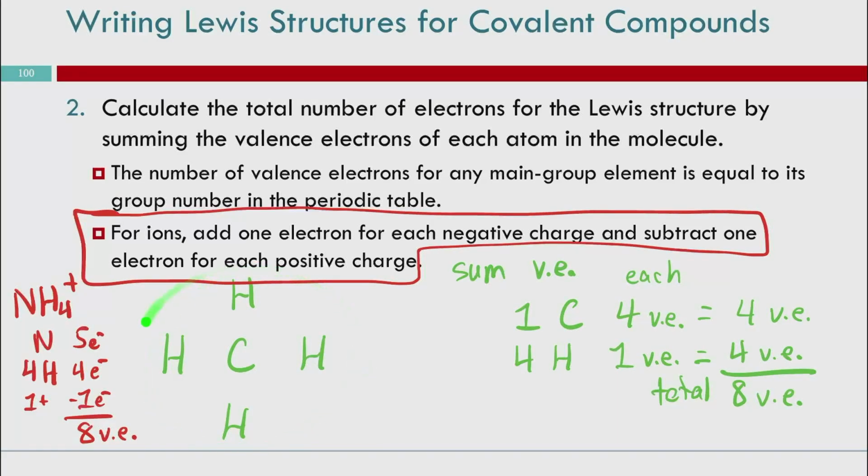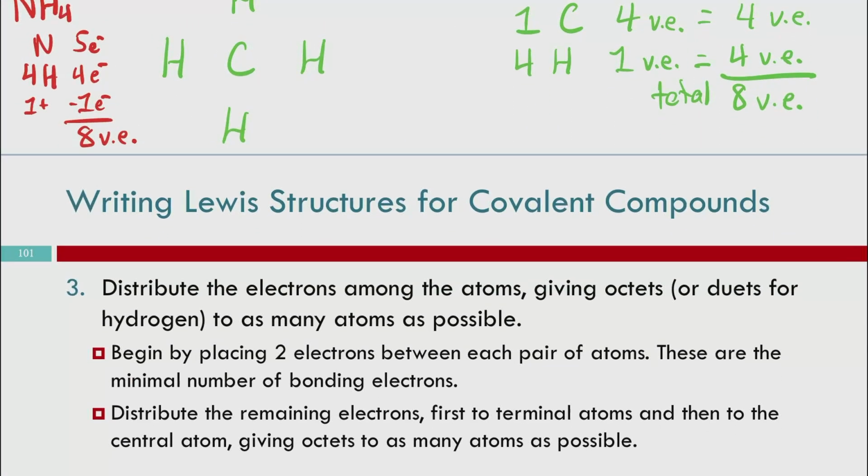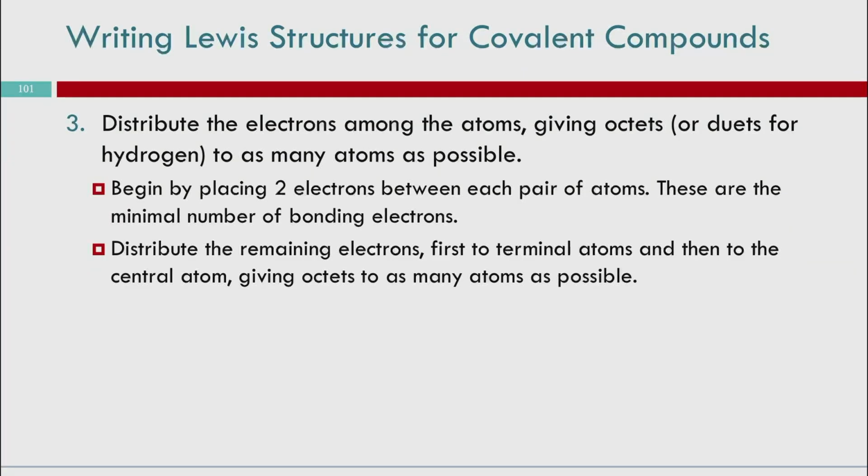Okay, so for the structure that we're working on building up, we've got our skeletal structure, we've got our 8 valence electrons, then we can start placing our electrons. With those 8 valence electrons, we first need to connect everything. This is a molecule, everything's connected to each other, so we have to start by drawing in bonds just to get everything connected.